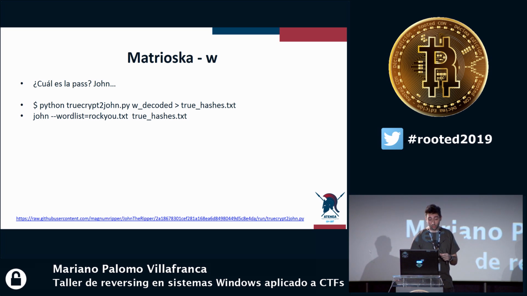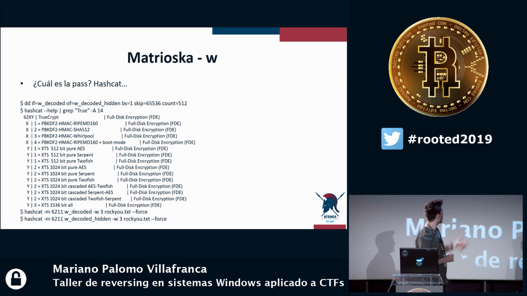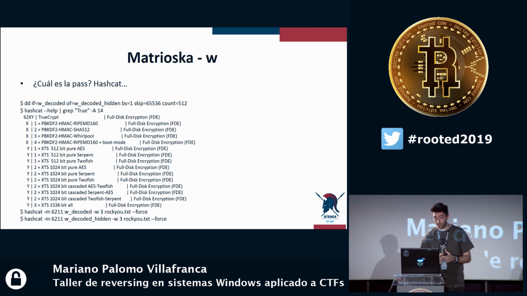properly, and then by John. And what happens there is that I have executed this, I have used the RootedCON, and I let it execute. And what happened with hashcat? In TrueCrypt, you have two modes, the normal mode and the hidden mode.